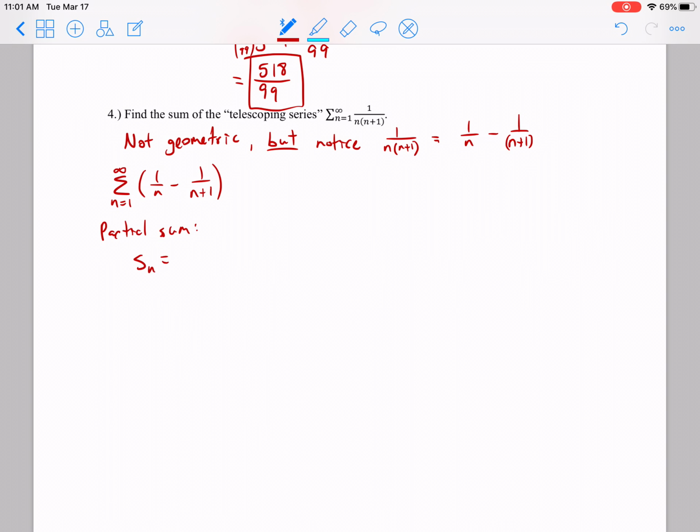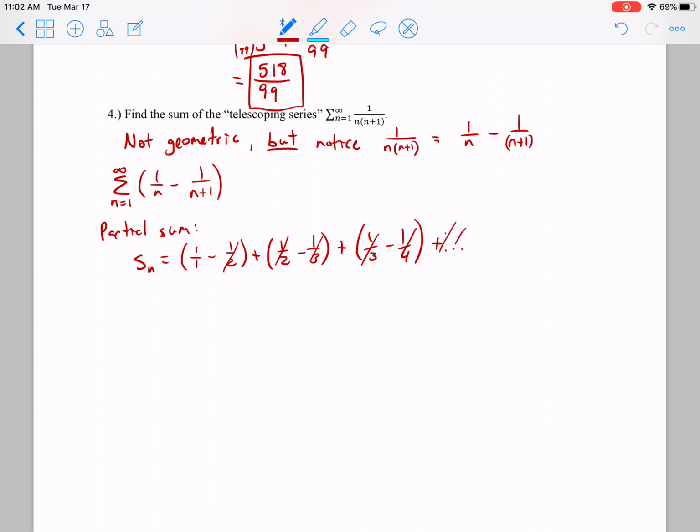Sn is going to be, first off, when n is 1, 1 over 1 minus 1 half, and then, oops, forgot my plus symbol, plus 1 half minus 1 third, plus 1 third minus 1 fourth. And you might be noticing some pattern here, plus dot, dot, dot. If you notice this, we've got minus 1 half, plus 1 half, minus 1 third, plus 1 third. We'd have a minus 1 fourth and a plus 1 fourth coming up.